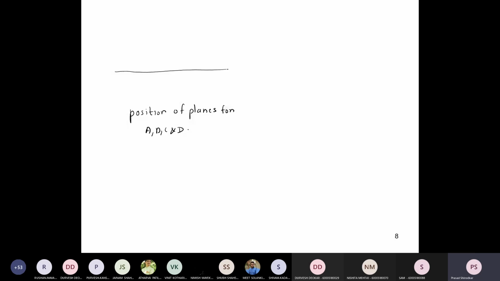First is A. This need not be to scale, because it should be logically in the right sequence. I'm just roughly plotting it to the scale. So this is A, this is B, this is C, and this is D. Right?